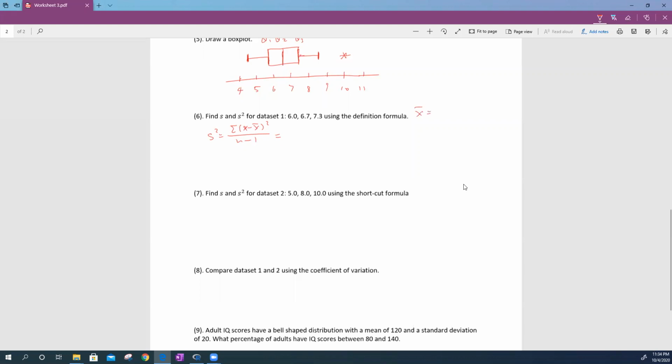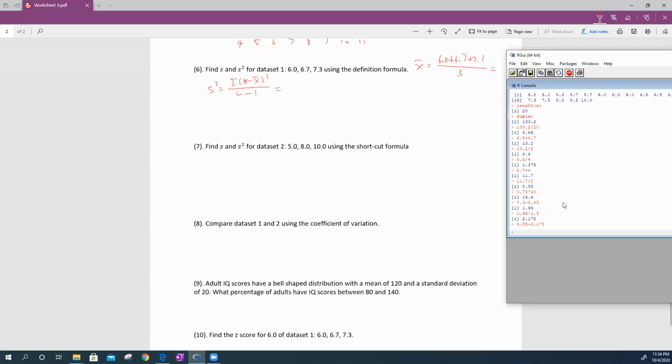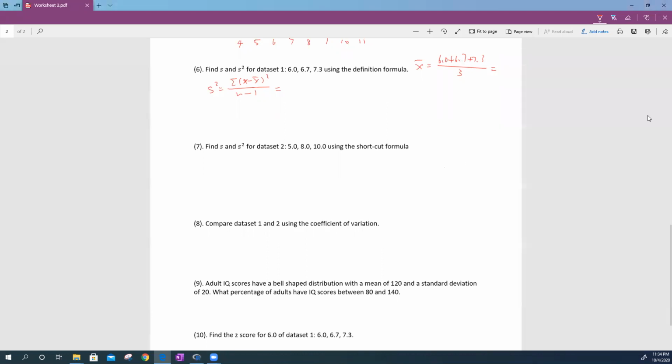X bar is the mean. So 6.0 plus 6.7 plus 7.3 over 3. So 6 plus 6.7 plus 7.3 is 20, divided by 3. So 6.67.